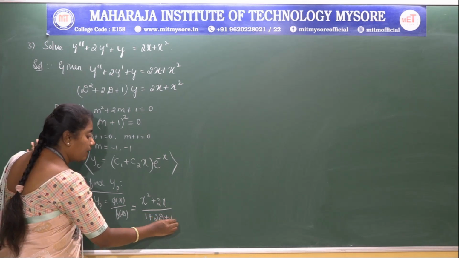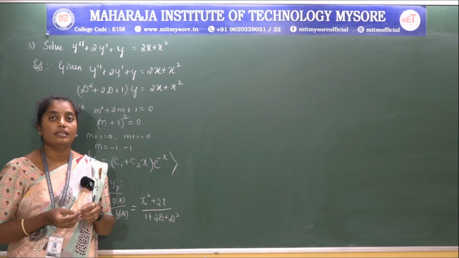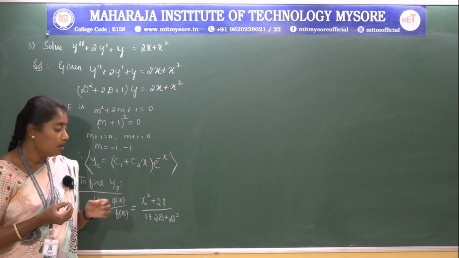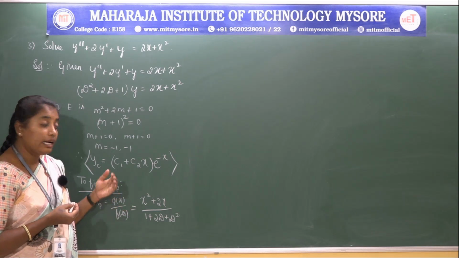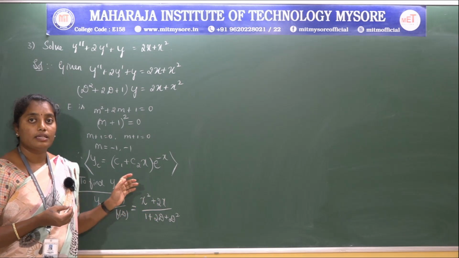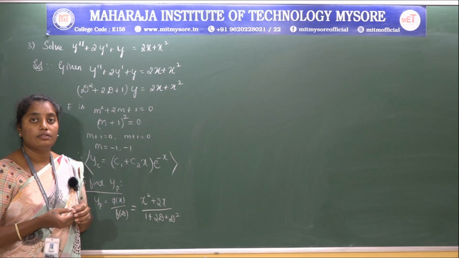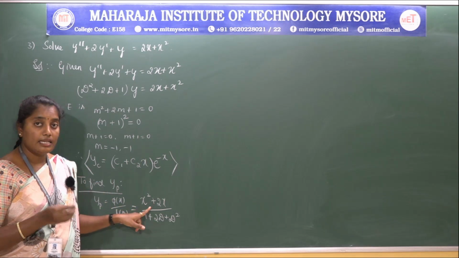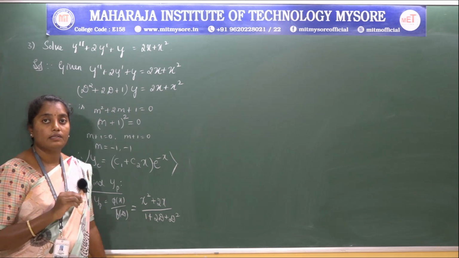To find a particular integral if phi of x is a polynomial, after writing the formula phi of x by f of d, we have to divide phi of x by f of d, writing phi of x in descending powers and f of d in ascending powers of d.